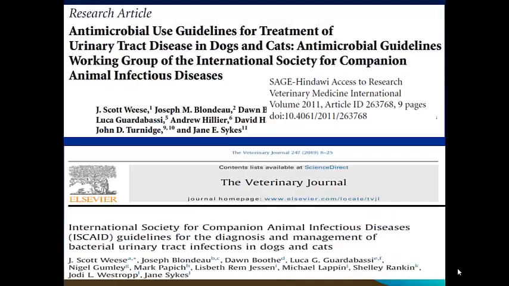There have been a couple of documents that were put together by the working group of the International Society for Companion Animal and Infectious Diseases. One was launched in 2011, and the second one came out in 2019. And there has been a lot of changes in between, and we're going to try to point those out in this presentation.